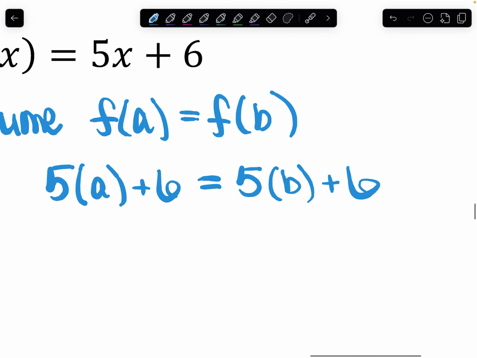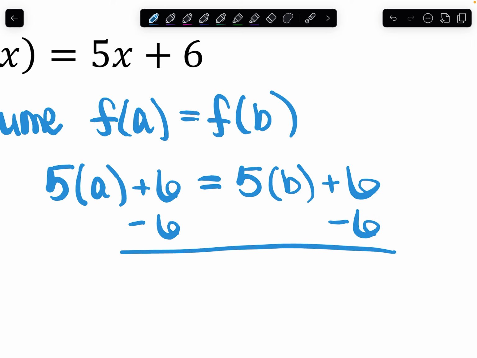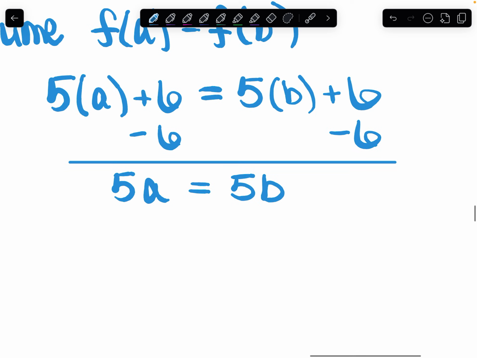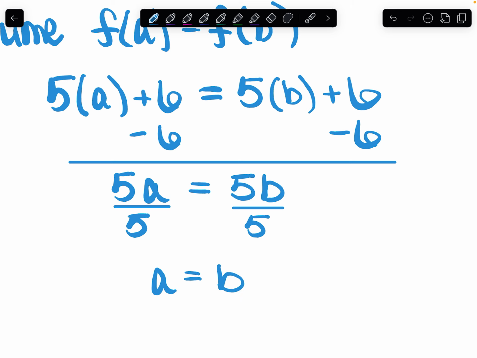I like A. So I'm going to subtract 6. And I get 5A equals 5B. 6's drop on both sides. Clear my 5, divide by 5, or multiply by 1/5. A equals B. So it did work.